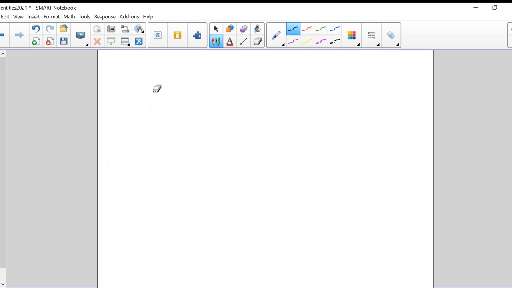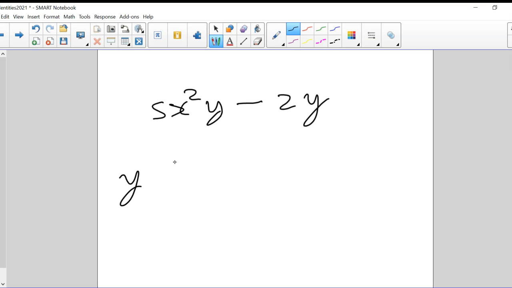Let's just say, I'm just going to make something up here, that I had 5x squared y minus 2y. All right, let's just use that as an example. What's my common factor here between those two things, Janaya? Tell me what the common factor is, the y. So I'm going to put the y here on the outside, which means I'm going to open the bracket and I'm going to really have to divide y into both of these.